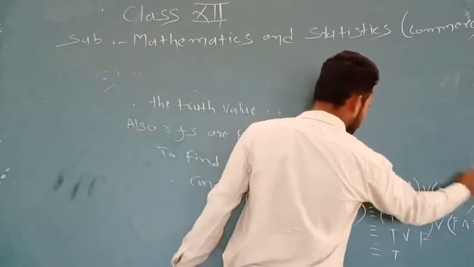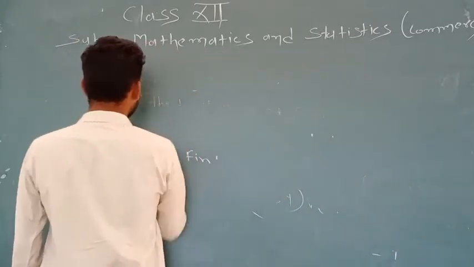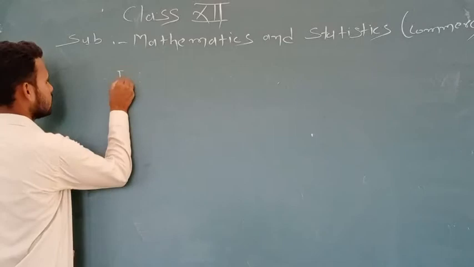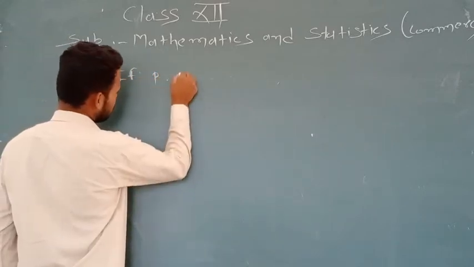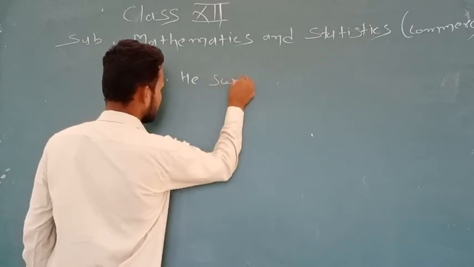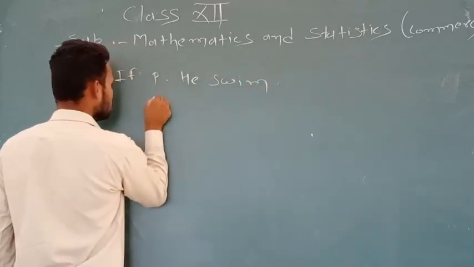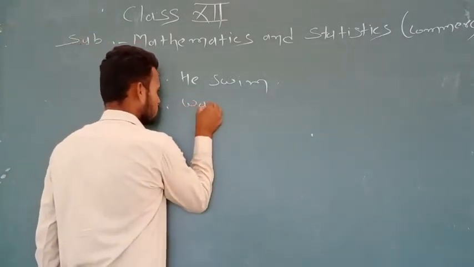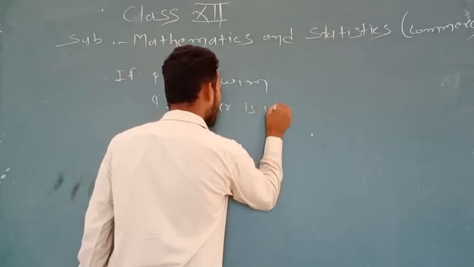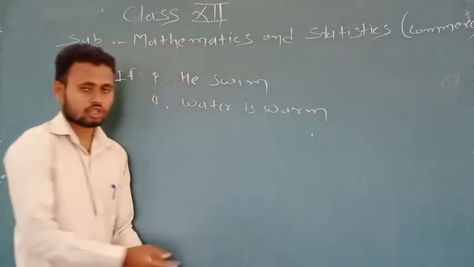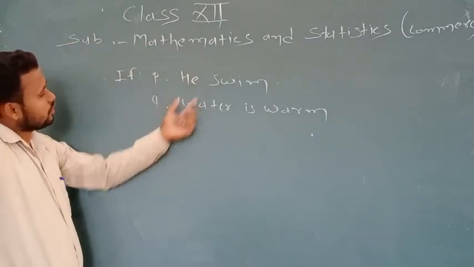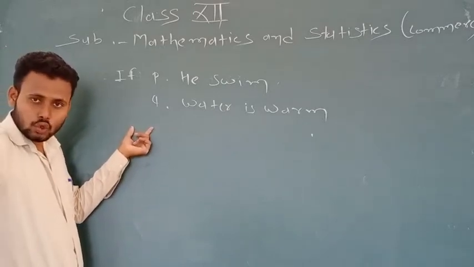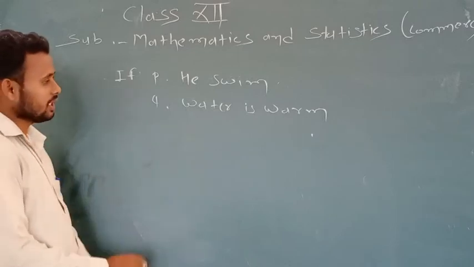Now, let us take the next example. If the P statement denotes he swims, and the Q statement denotes water is warm, then give the verbal statement of the following symbolic statements.